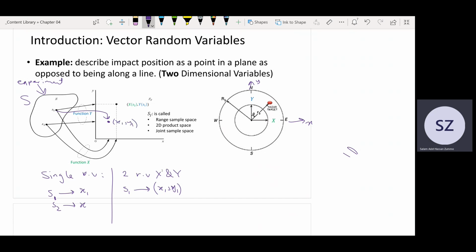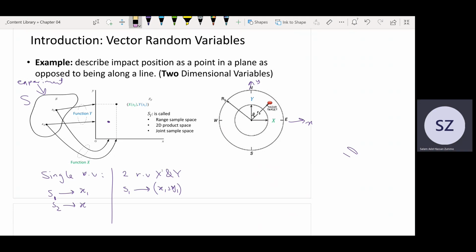While S2 is not mapped into a real number in X only. No, it's mapped into another ordered pair, X2 and Y2. Am I confused? S2 goes into this point and this point.